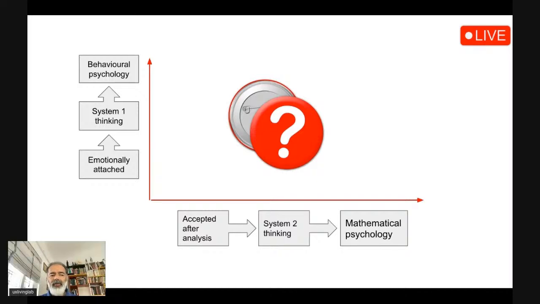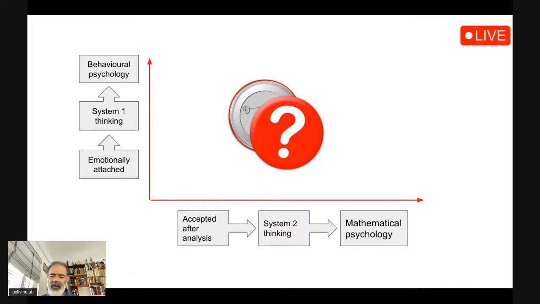How do we split between system one and system two? Okay, that's a good question. That's a very tough thing when you do the research, because whenever system one starts, system two has already started. When the consumer changes from system one to system two is a very difficult question.